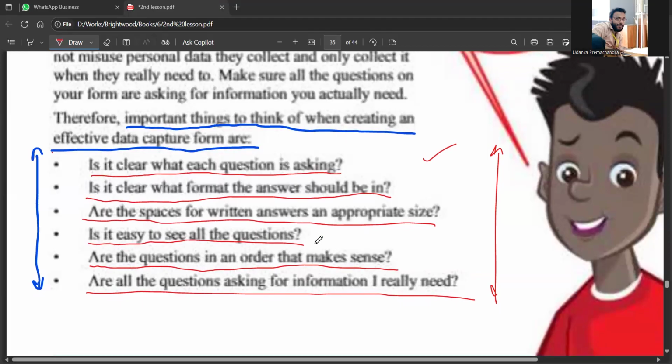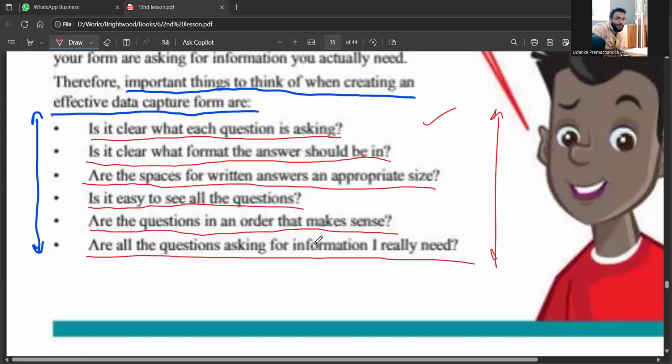The questions should make sense in order, and you should think about whether each question is needed or not. Those are the main things to follow when asking questions. Clear?